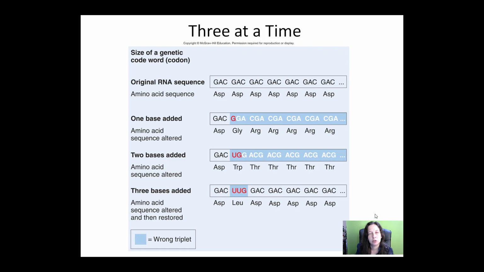Dave has UG being inserted in his gene at this position here, and Martha has UUG inserted. Who has the least severe mutation of the 3? It's Martha, because she does not have a frameshift. She just has an insertion of 3 nucleotides.